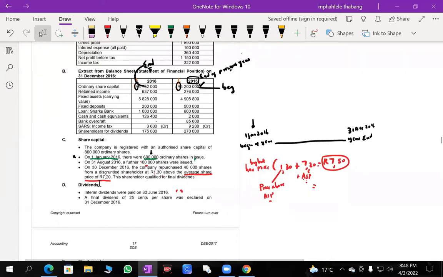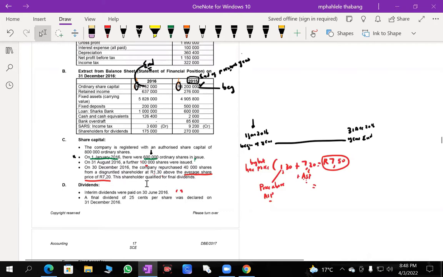Look at the question paper: what is the average share price? On 30 December 2016 the company repurchased 40,000 shares from a disgruntled shareholder at 130 above the average share price.